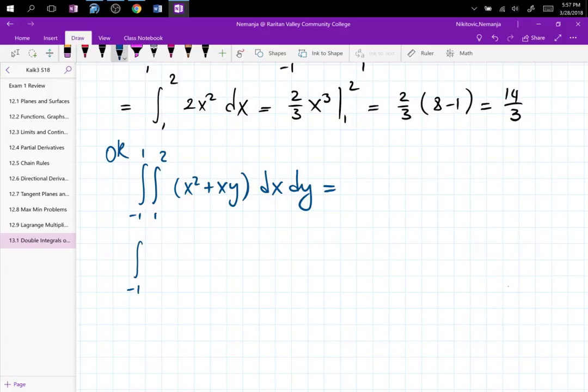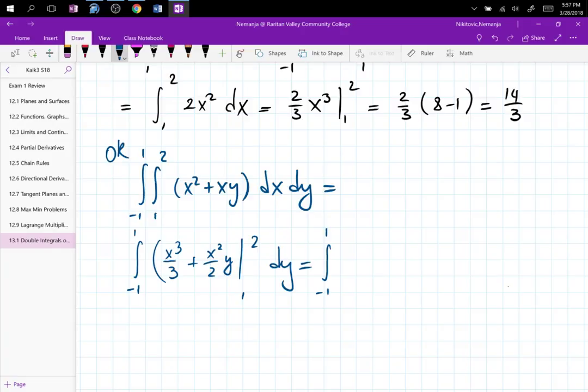So now let's go. Negative 1 to 1, and we are integrating the inner with respect to x, and I'm getting x cubed over 3 plus x squared over 2 y, computed from 1 to 2. And I still have dy on the outside because I haven't done the y integral yet. Now I have negative 1 to 1.